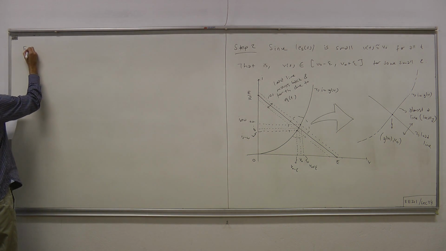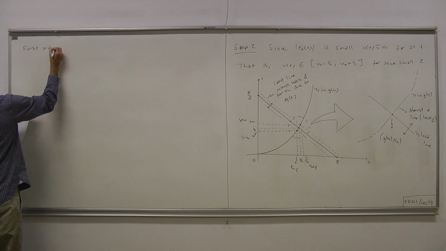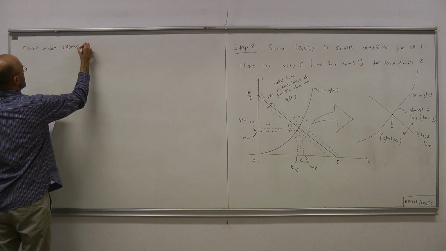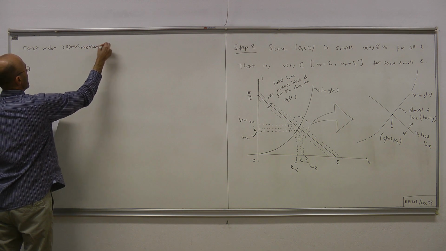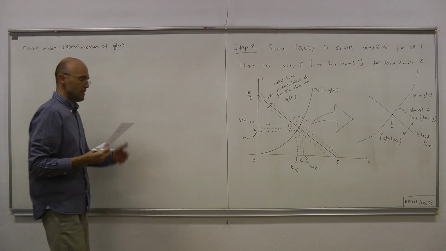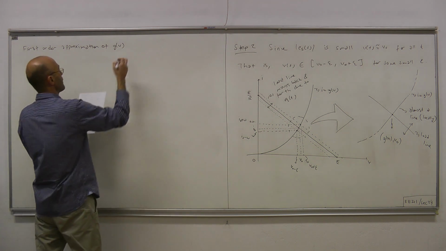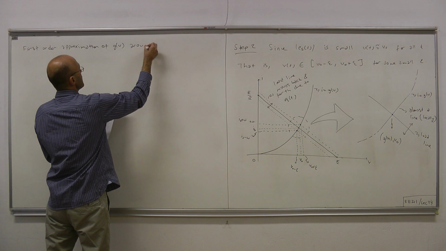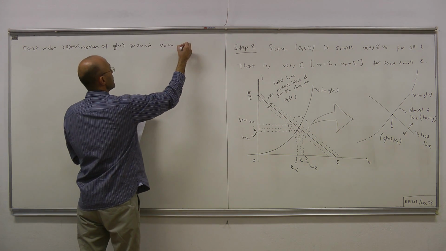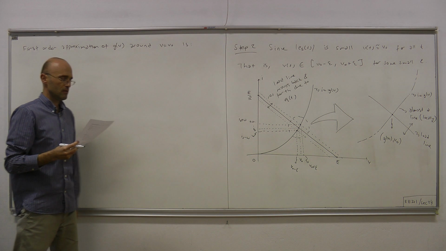So the first order approximation of the curve I equals GV around V equals V0 is the following.